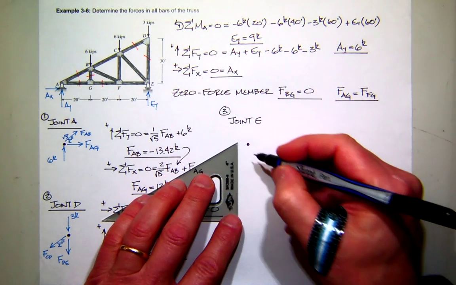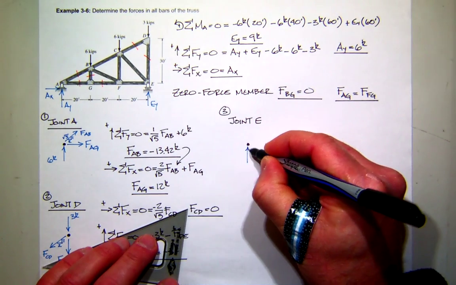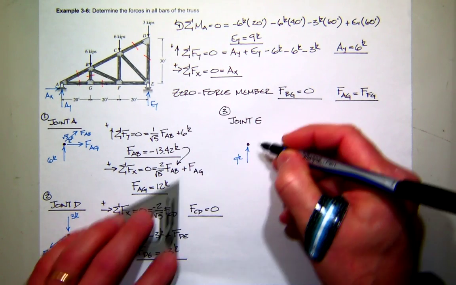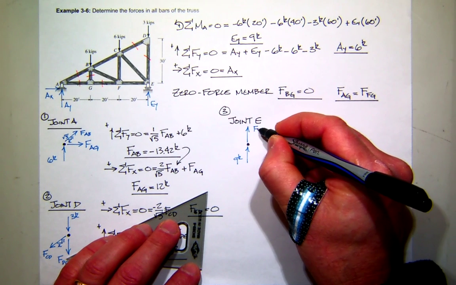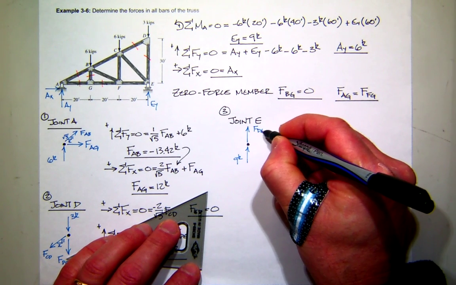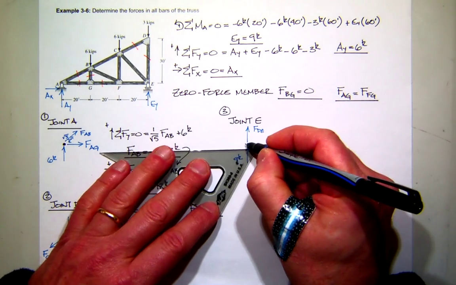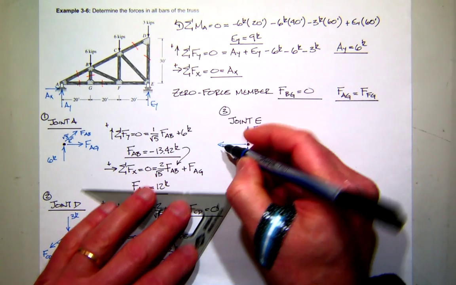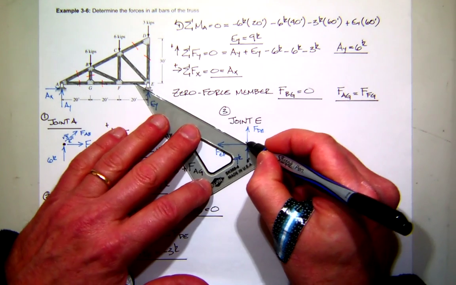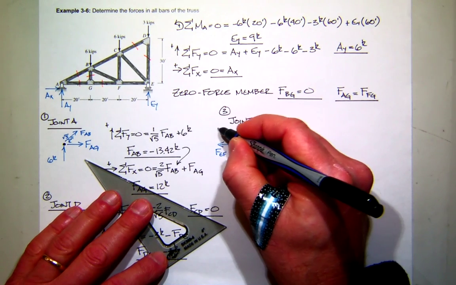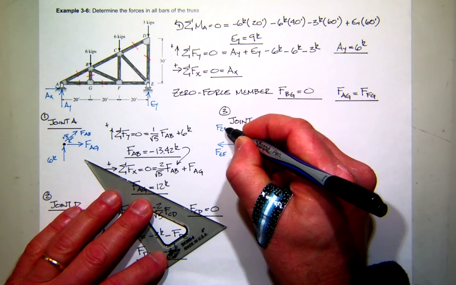and we have EY, which is acting up, of 9 kips. We have the force in DE, which we just happen to know. We have the force in EF, and we have a force in CE.